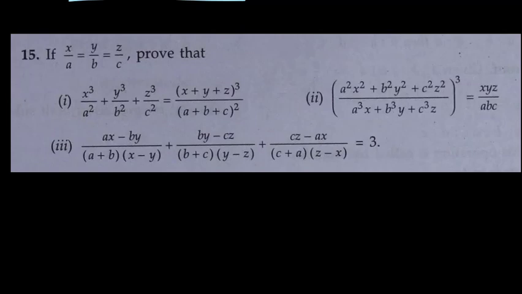I am not getting a k square term here because they are not in continued proportion. So I can express x, y, z in terms of a, b, c. Then you find the value of LHS and the value of RHS. I hope you will get both equal, and thus you can prove it.